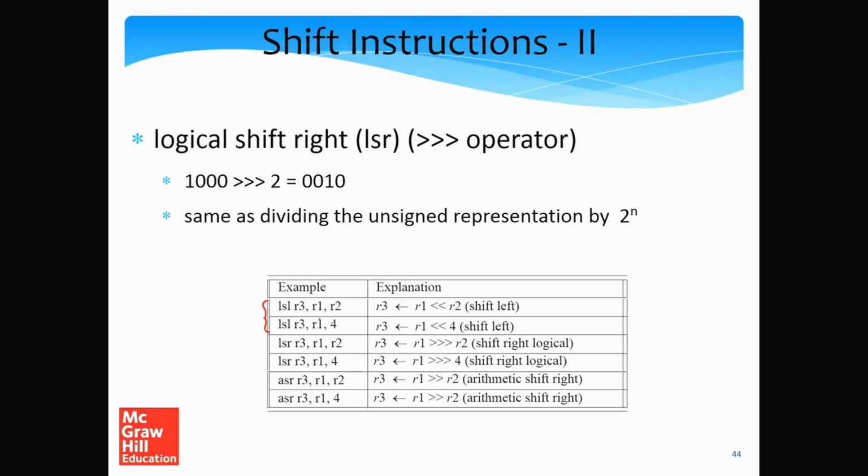The first source operand is a register, and the second source operand can either be a register or an immediate, and the name of the instruction is LSL, logical shift left. Similarly, we have a logical shift right operator, which is called LSR, exactly the same notation. And we have an arithmetic shift right operator, which is called ASR.